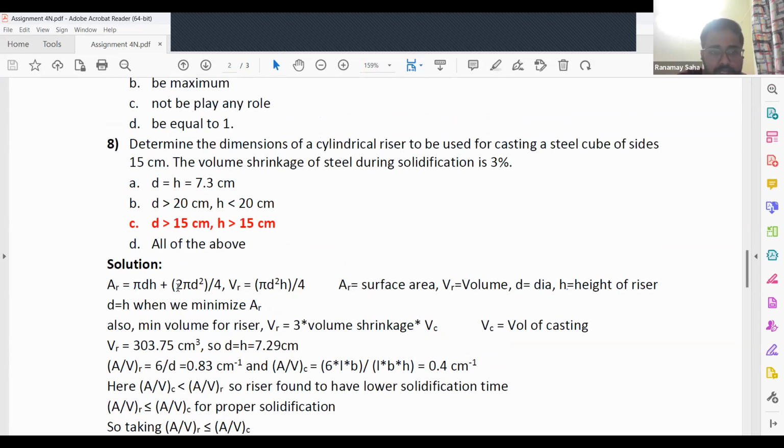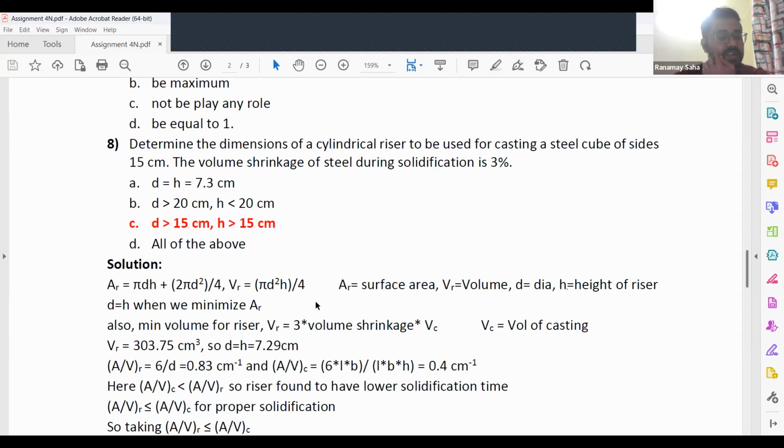It happens to be the lateral surface area plus the top and bottom surface area. And it is given that 3% shrinkage is there. So our riser has to account for that 3% shrinkage, which can happen as the molten metal solidifies, from freezing to room temperature. So we can take care of that.